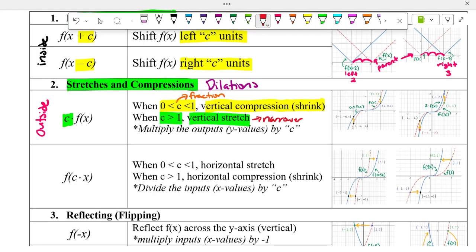Whereas compression, meaning I'm compressing it, if I compress my hair tie, what's it doing to its width? It's getting wider. A vertical compression will make your graph wider. Now, how would you do that? You would just multiply your outputs, so that's your y values, by your c.